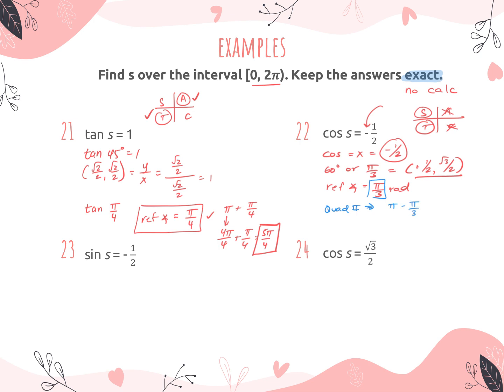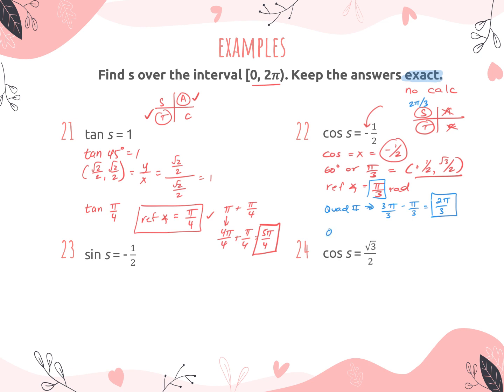Again, I've got to convert pi into something with a denominator of 3, so I'll make it 3 pi over 3. And I know that that's going to give me an angle of 2 pi over 3. So 2 pi over 3 in quadrant 2 is going to give me a cosine of negative a half.